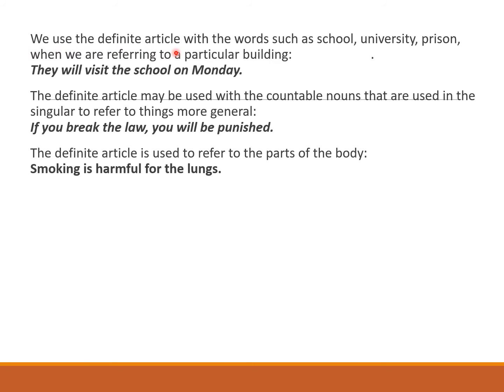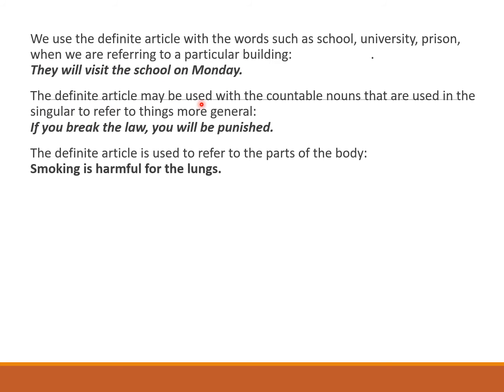We use definite articles with words such as school, university, prison, etc. For example, the school, the university, the Bharatiyar University we call, right? Prison, the central jail. When we are referring to a particular building, yes, they will visit the school on Monday.